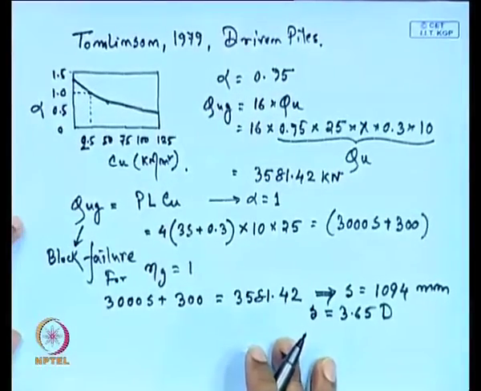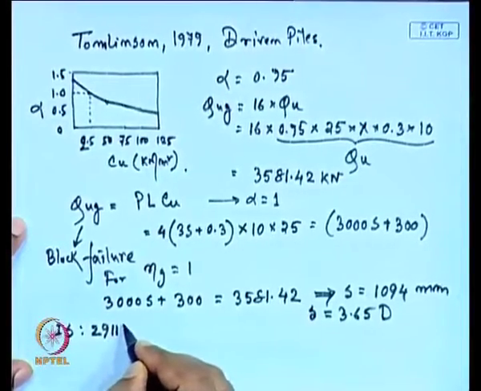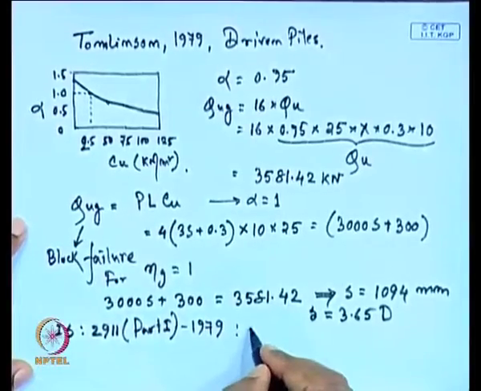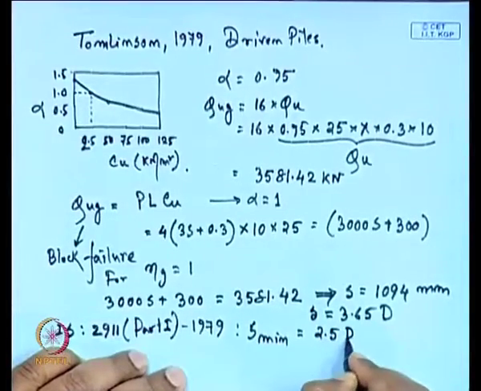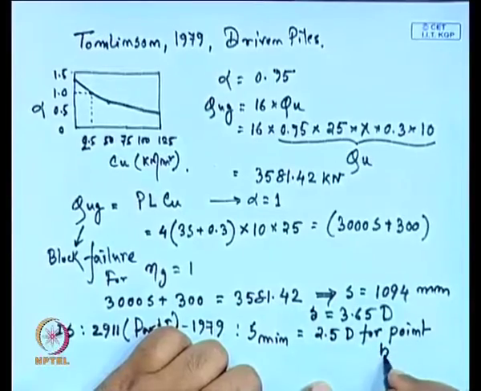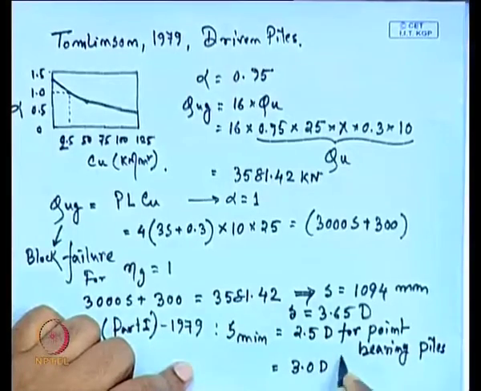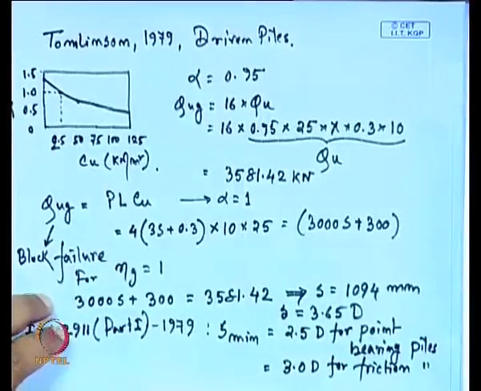Now, another thing that you have to check: IS code recommends, IS 2911 Part 1, 1979, that the minimum spacing S minimum is equal to 2.5 D for point bearing piles and equal to 3 D for friction piles.